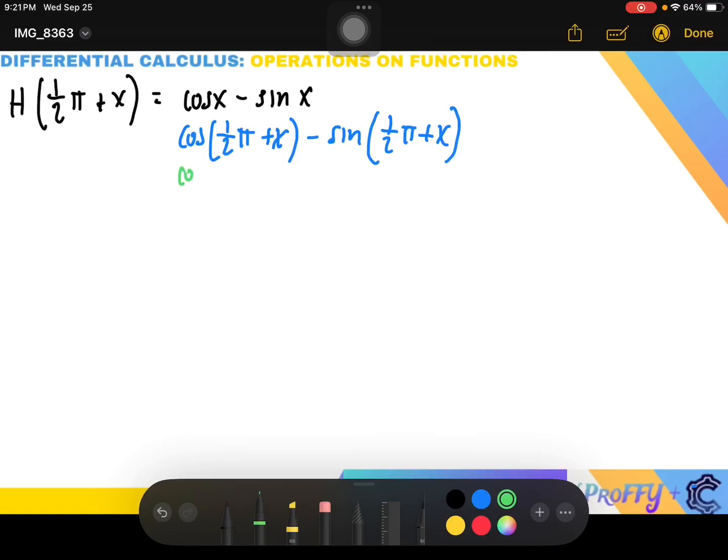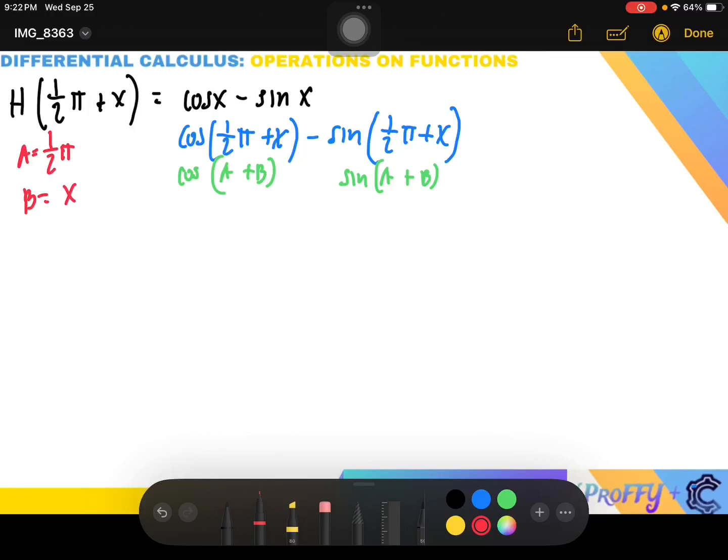This will be equal to cosine of a plus b minus the sine of a plus b, where a represents 1 half of pi and b represents x. So let's write it here: a is equal to 1 half of pi and b is equal to x.